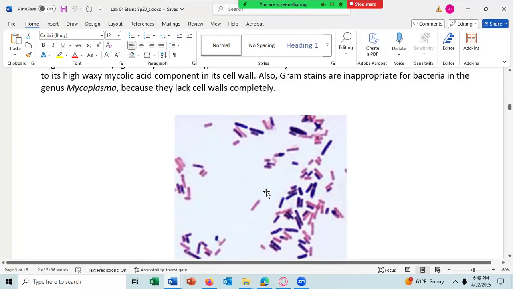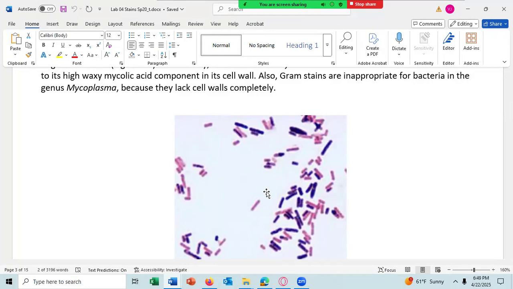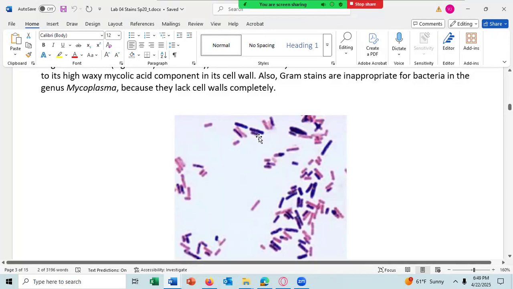Is it that they're just alone or not piled with other ones? Well, that one is actually next to another cell there. This one is next to another cell there too. I'm not sure what you're referring to. Maybe you're counting this one here as two cells. That's actually one cell there.